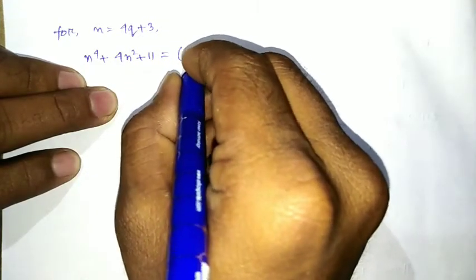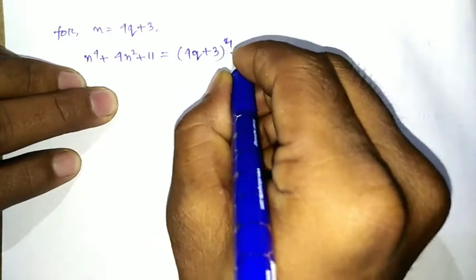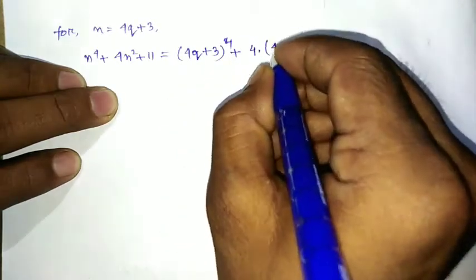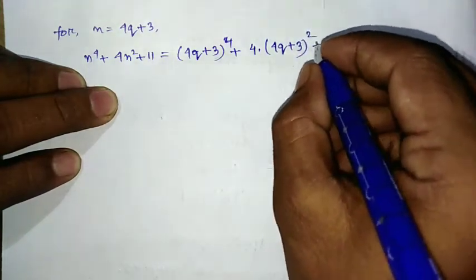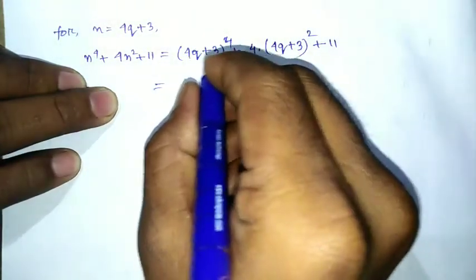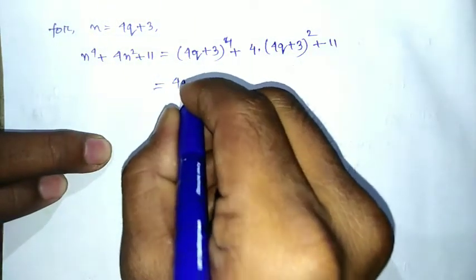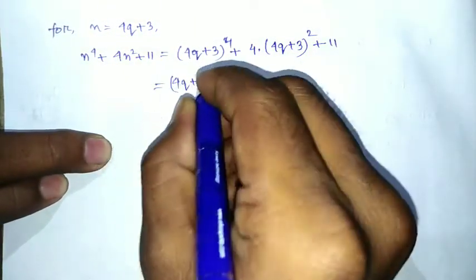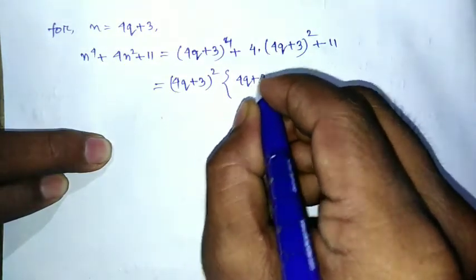In the same way we can express the second odd number also. So let's see it. Next one, for n equal to 4q + 3, we have n^4 + 4n^2 + 11.